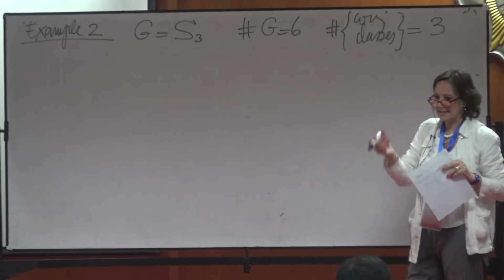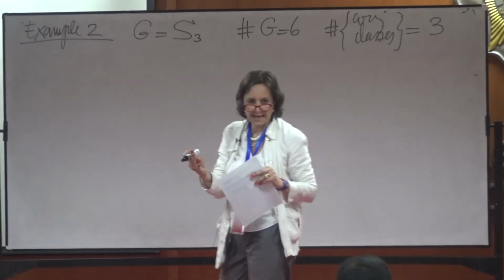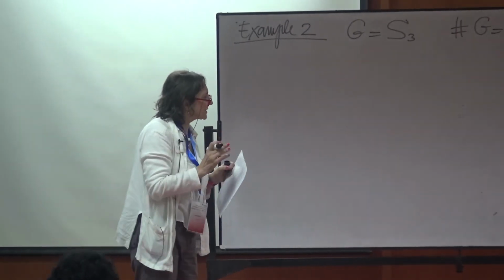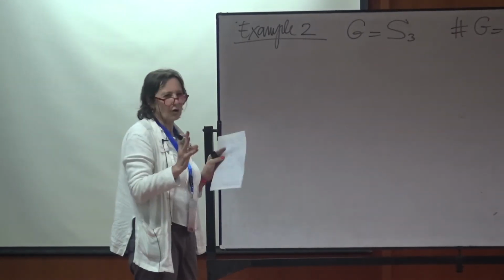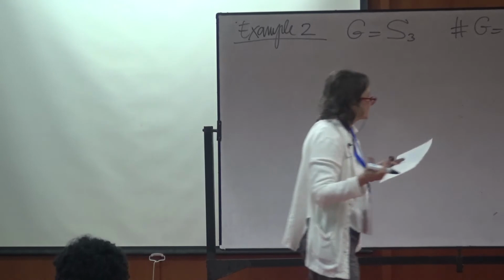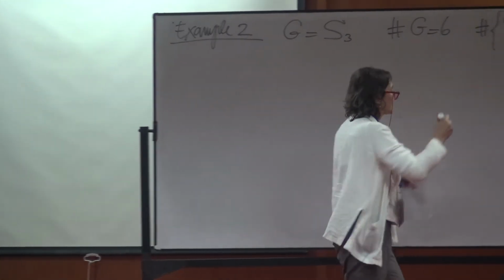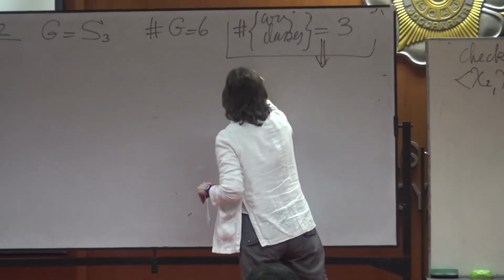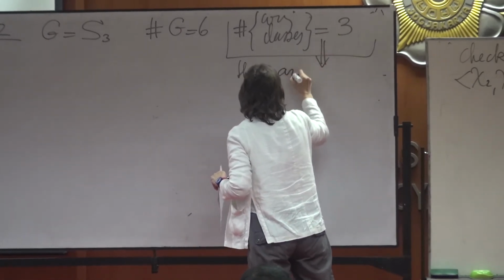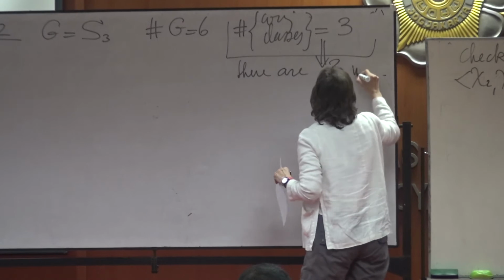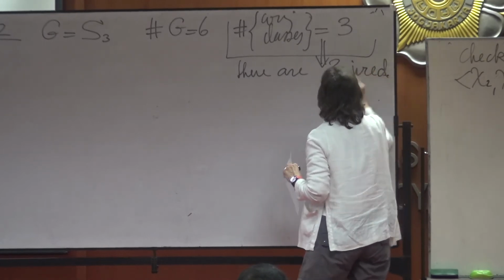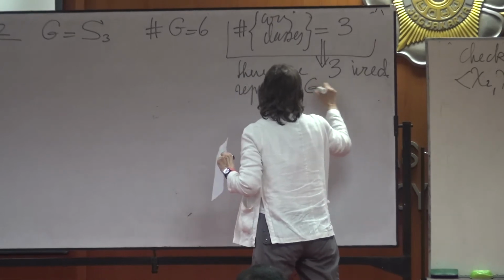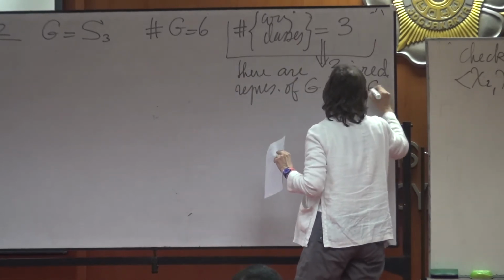You remember, the conjugacy classes are the identity, the 2 cycles, the 3 cycles. So this says that there are precisely 3 irreducible representations of G which are non-equivalent.